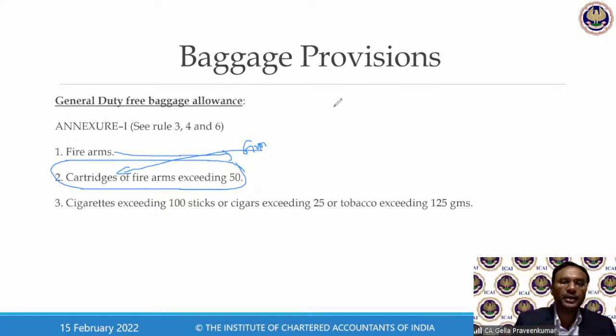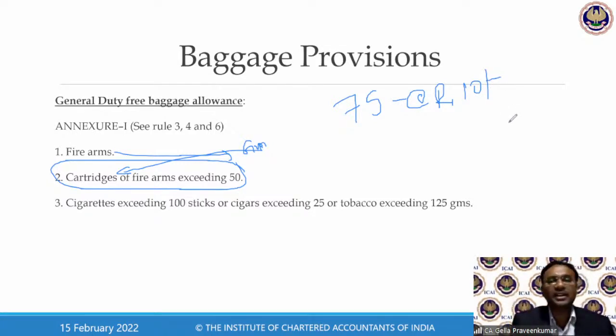So if I am importing 75 cartridges, each bullet costing me, say, 10 rupees. So bullet is not so cheap, sir. For your academic purpose, let's take an example. I am bringing 75 cartridges at 10 rupees each.